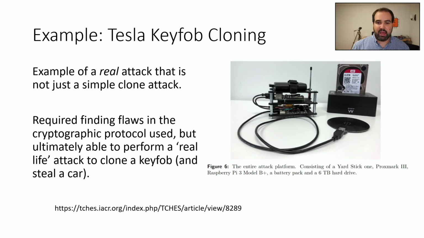There were flaws in the cryptographic protocol that meant if you could interrogate the device, you could perform a relatively quick calculation to figure out what the key is. It used this hard drive here because it's using precomputed tables, typically called rainbow tables. You basically have some huge precomputed tables that help you derive the key. Once you have that, you could clone it and steal a car.